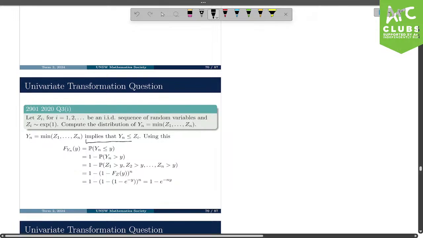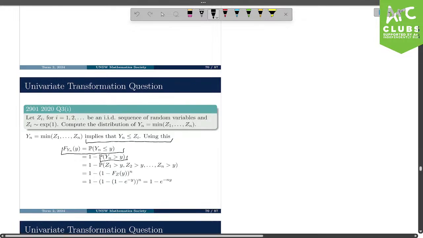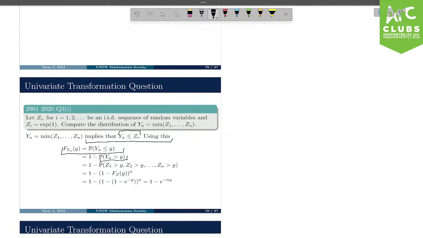Essentially, by applying this algebraic concept, we can say that the cumulative distribution function of y at some point little y is the probability that big Y is less than or equal to little y, which is 1 minus the probability that big Y is greater than little y. And then we can apply our inequality right here, because all of the z's must be greater than y, big Y, that we're counting.